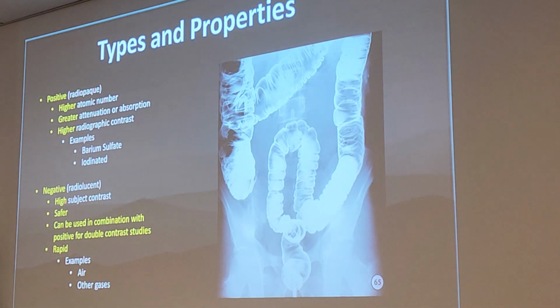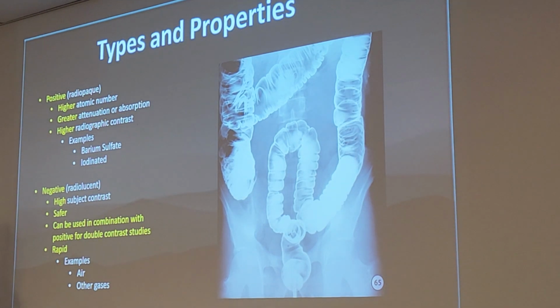That's attenuation. Please know that terminology. You will see attenuation used multiple times on your registry, especially in the PRE sections. Absorption is what it says: the actual x-ray is being absorbed into the tissues. So attenuation is more the traveling, and absorption is the actual absorption of the x-rays.